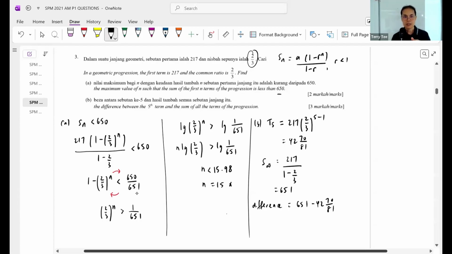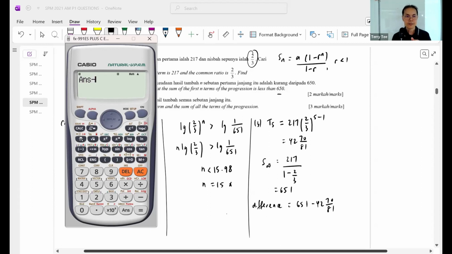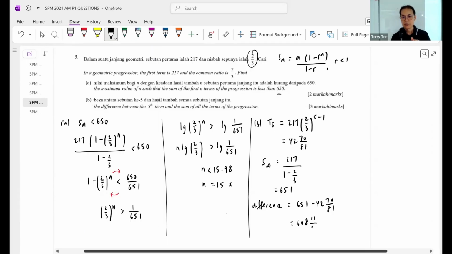Okay, so take this minus 42 and 70 over 81. Number a bit ugly, but yeah, doable. 608 11 over 81.